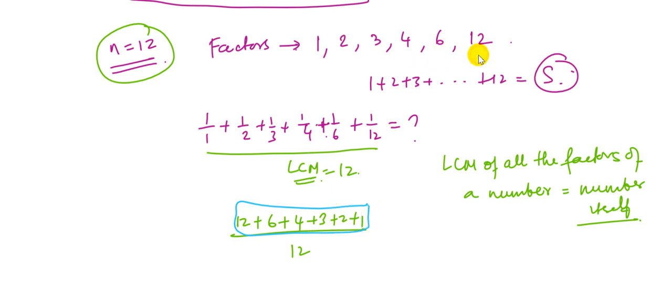Because for each factor there is a corresponding factor which will give you 12. 1 into 12 is 12, 2 into 6 is 12, 3 into 4 is 12. Simple as that. So if you divide 12 by that factor, you will get what we call the pair factor. So these are called pair factors: 1 and 12, 2 and 6, and 3 and 4. These are the pairs of factors of 12.